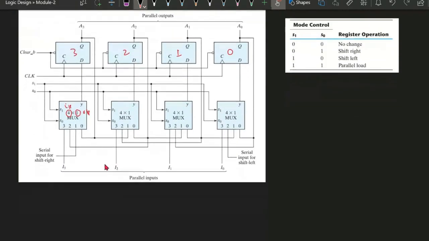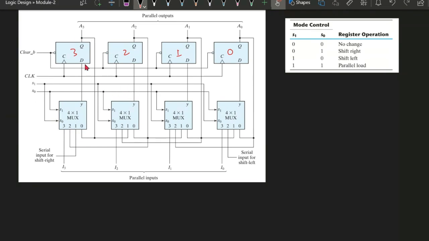So the mux is playing an important role to distribute different inputs to the input of the flip-flop. In different categories of shift registers, there is a requirement to have different inputs, and that is constituted by the mux. One by one we will be looking at it here.